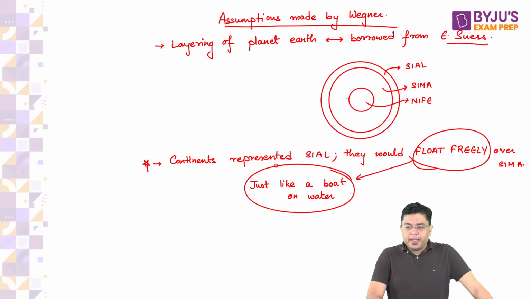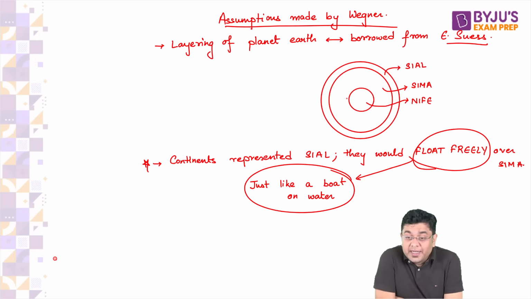Now, does this make any sense at all? Can the continents, the large continents that we live in, be floating freely like boats on water? Think about it. Apply your own logic. Does it make any sense? Absolutely no. Correct. It doesn't make any sense.